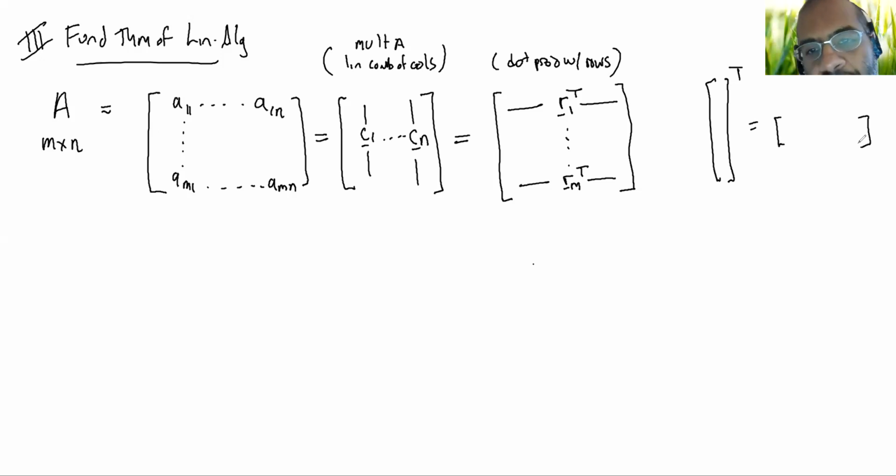These R1 to Rm live in Rn. Because these are columns, C1 through Cn live in Rm. It's not C transpose because the C's are already vertical. Does that make sense?